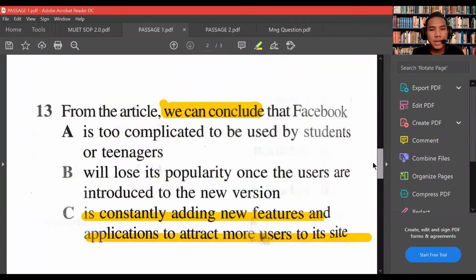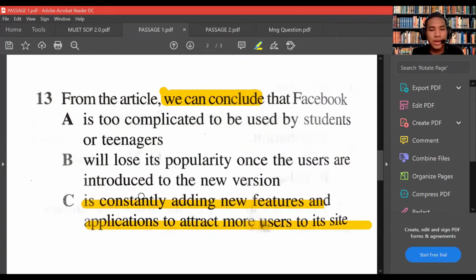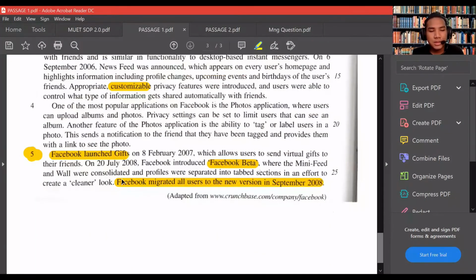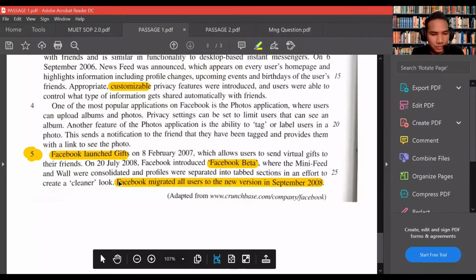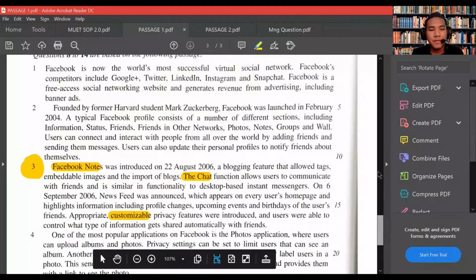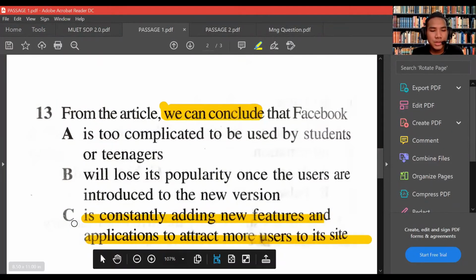So we can conclude that Facebook is constantly adding new features and applications to attract more users to its sites, as the last sentence of the last paragraph stated that Facebook migrated all users to the new version in September 2008. Therefore, the answer for question 13 is C.